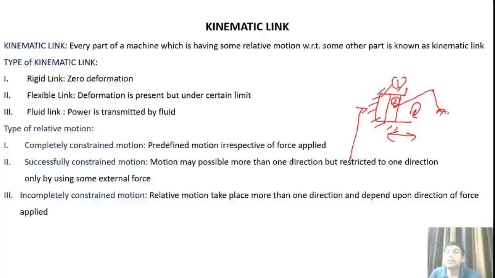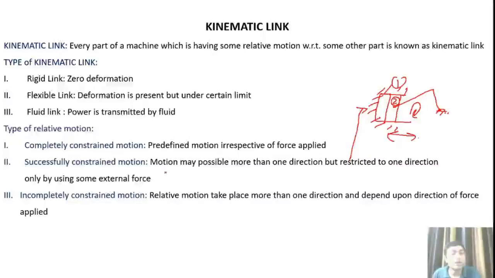But due to some external arrangement, there is only one type of motion that can take place in piston cylinder assembly, that is, it can only reciprocate. Then it is known as successfully constrained motion. In completely constrained motion, there is only one output, and it will not depend upon the direction of force applied.